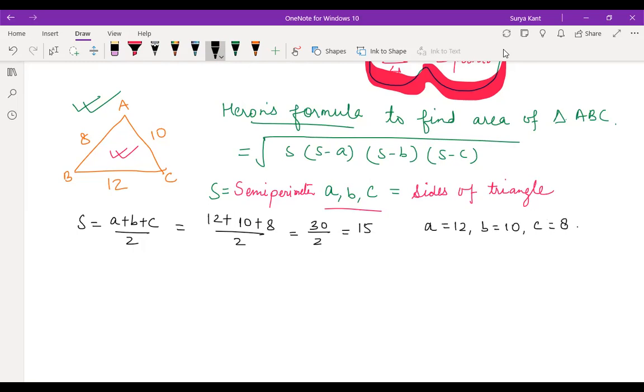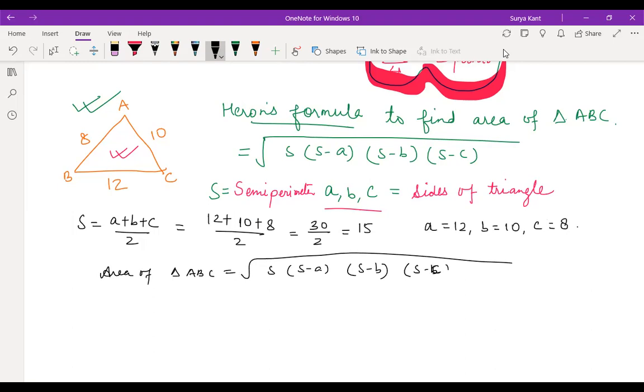A is equal to 12, B is equal to 10, and C is equal to 8. Now I'm putting the values in the formula. So area of triangle ABC is equal to the root of S into S minus A, S minus B, S minus C. So we can write 15 minus 12, 15 minus 10, 15 minus 8.